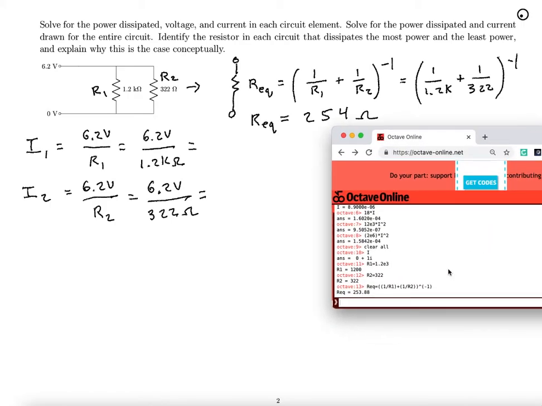All right, time for the calculator again. I'm going to define a V supply, or Vs, to equal 6.2.